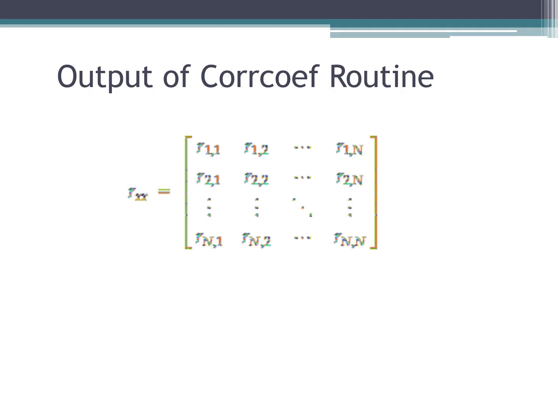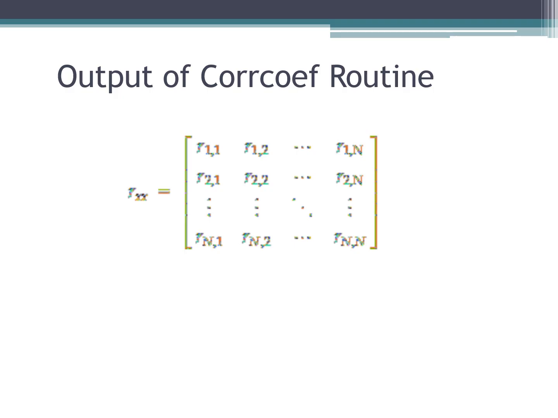Here you can see the diagonal of the matrix represents the correlation of each signal with itself. Therefore, they will always be equal to 1. Off diagonals basically represent the correlation coefficients of various combinations.